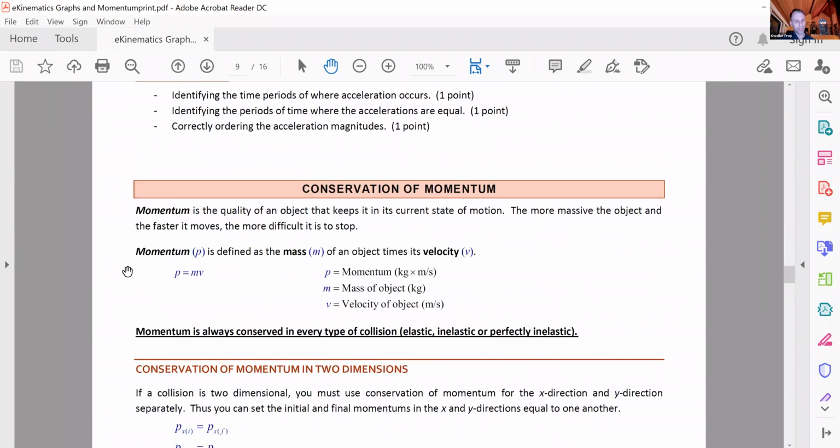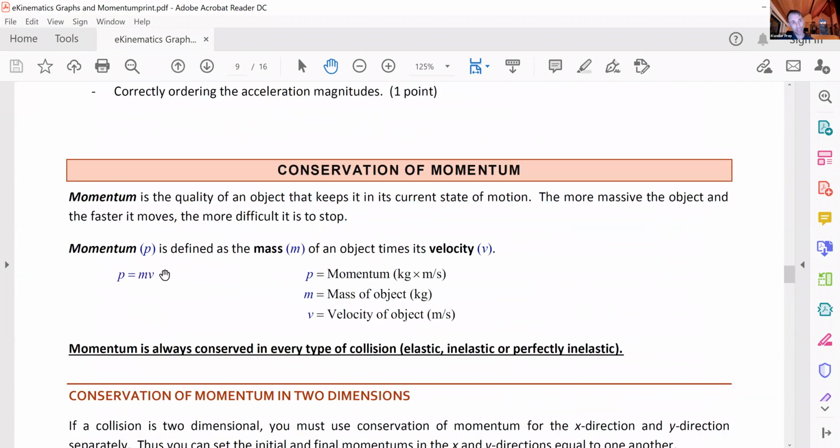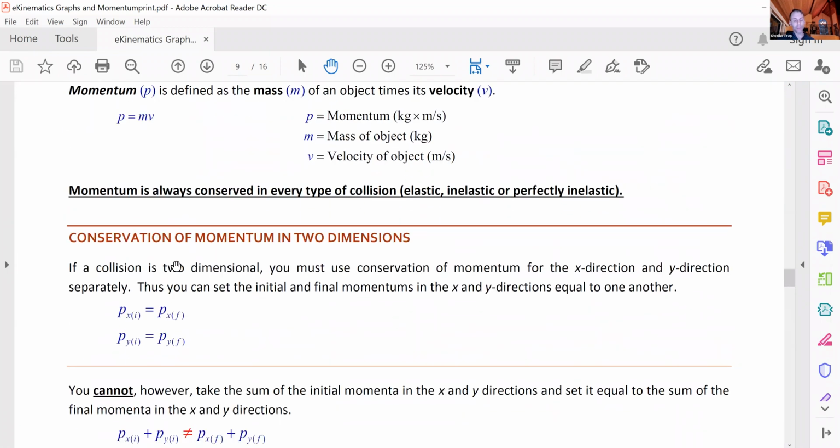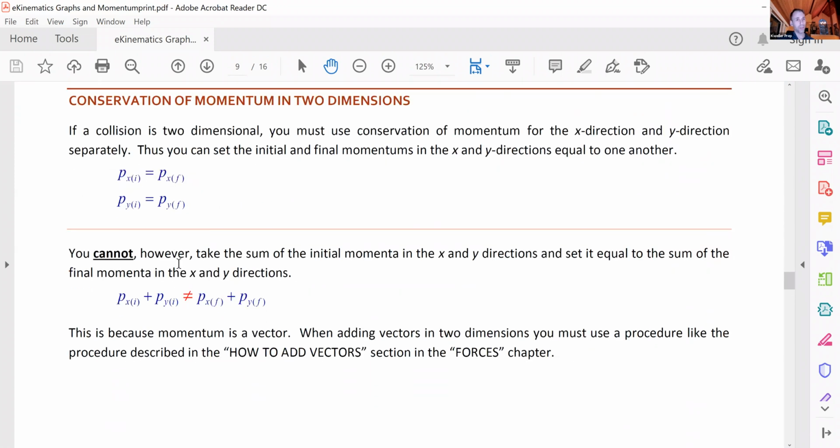Obviously, the quantity momentum is equal to mass times velocity. This is straightforward. But other things, make sure that momentum is a vector quantity. So momentum must be conserved in the x direction and the y direction independent of one another, because these are vectors.